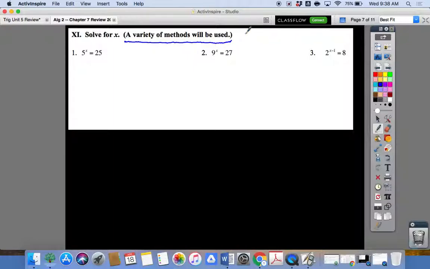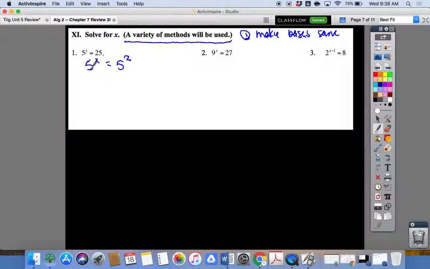So I would always try at the very first to try to make the bases the same. So if you can make the bases the same, then you can set the exponents equal to each other and solve it out. So over here, can you make 25 as 5 to some power? Well, yes, you can. 25 is 5 squared.